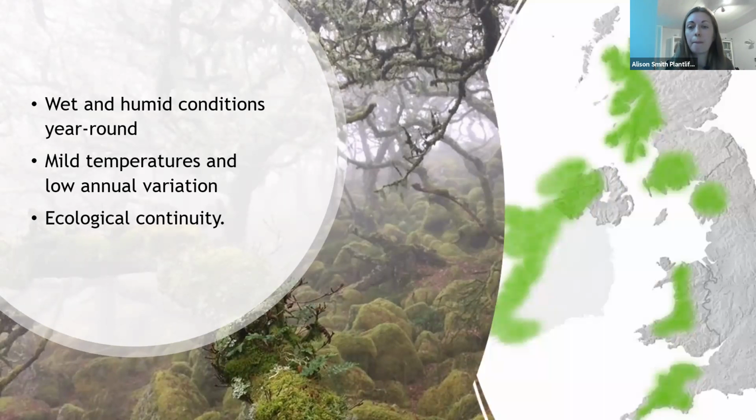So I'm just going to show you a map here, and you can see where we find temperate rainforest within the UK. So it's down the western coast of Scotland, down into northern England in the Lake District, in western Wales, North and Mid Wales, and down into the southwest of England, and in Northern Ireland as well.